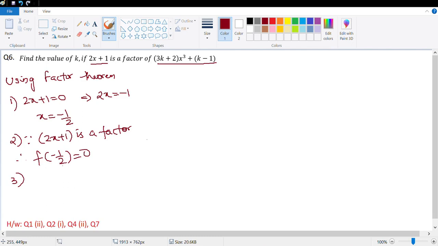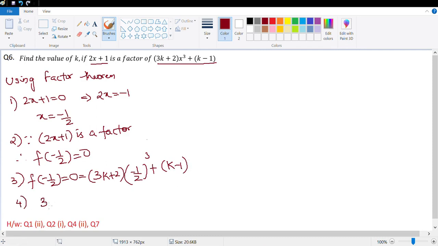So f of negative half is equal to 0, which is equal to 3k plus 2 multiplied with negative half to the power 3 plus k minus 1, which is 3k plus 2 multiplied with negative 1 upon 8 plus k minus 1, and this is equal to 0.